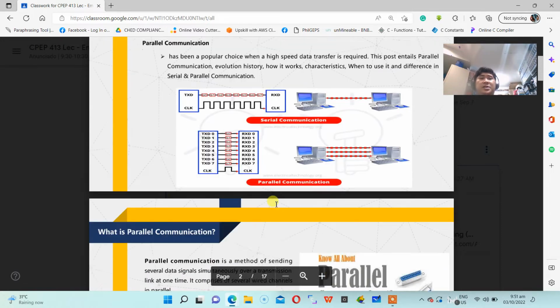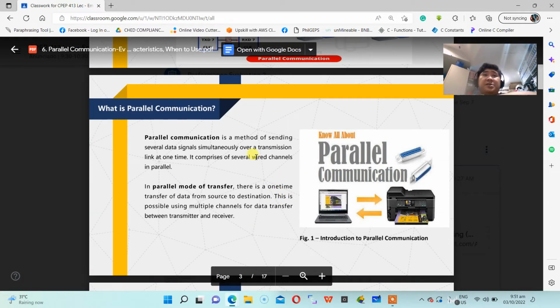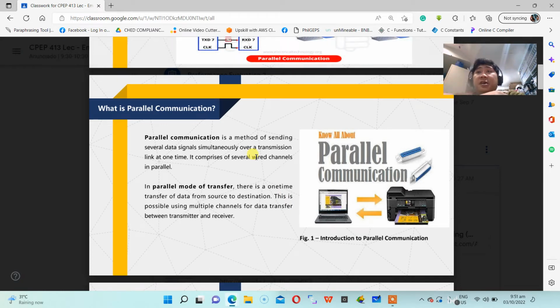Okay, what is parallel communication? Parallel communication is a method of sending several data signals simultaneously over a transmission link at one time. It comprises several wired channels in parallel. So in parallel mode of transfer, there is one-time transfer of data from source to destination.